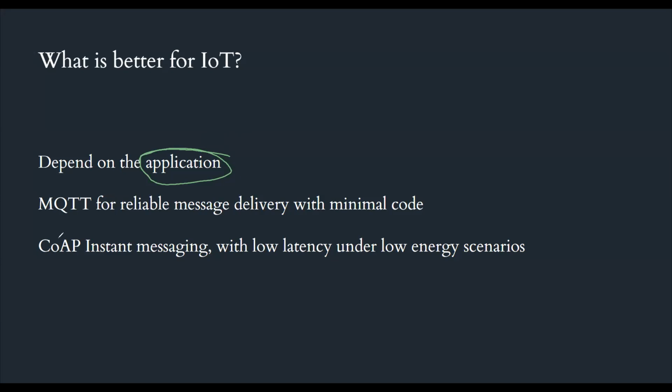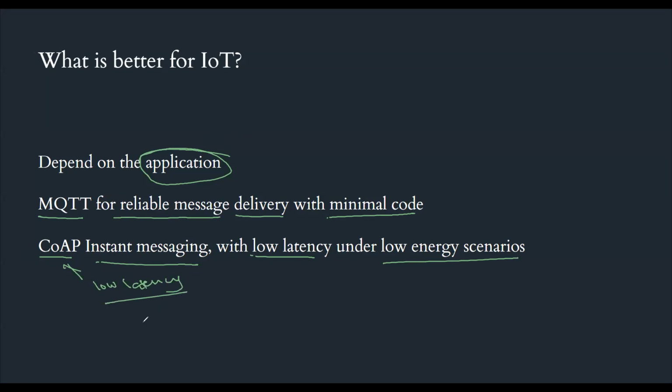If the application requires reliable message delivery with minimum code, then we can use MQTT. CoAP offers instant messaging with low latency and low energy. For low latency scenarios, we can go for CoAP.